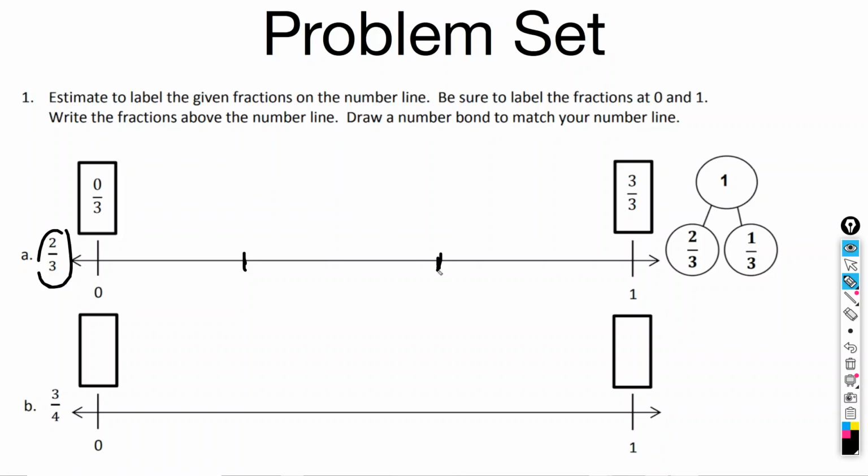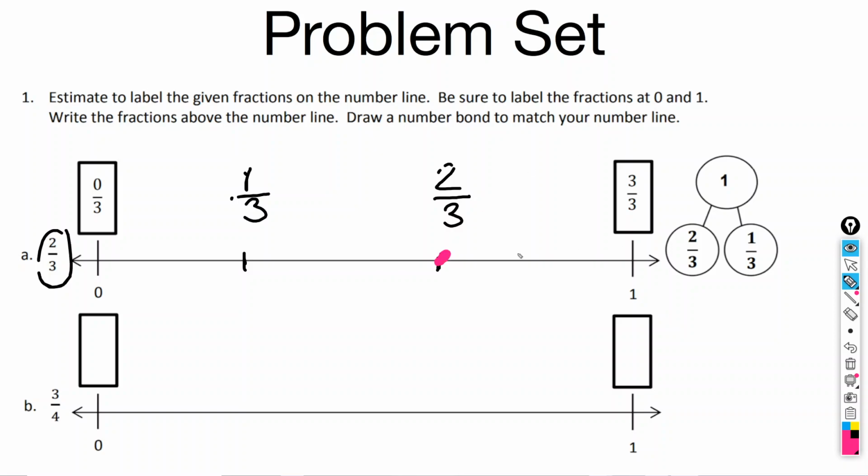So I'm going to label this one 1 out of 3 pieces, which is 1/3. Label this one 2 out of 3 pieces, which is 2/3. Well, 2/3 was the piece that I was trying to find. So I'm going to put my dot right there.